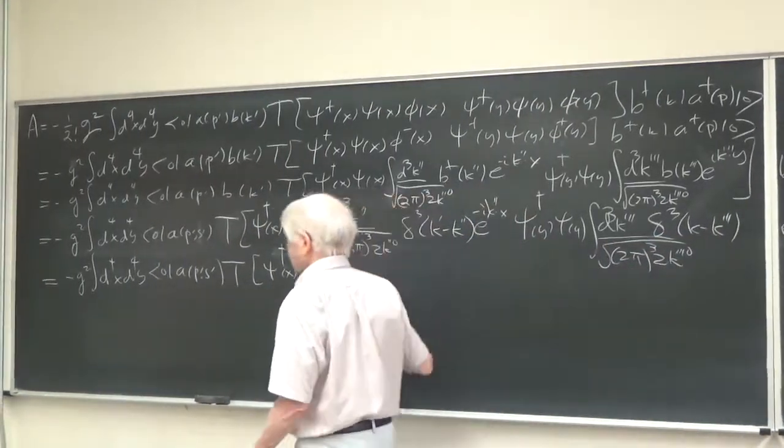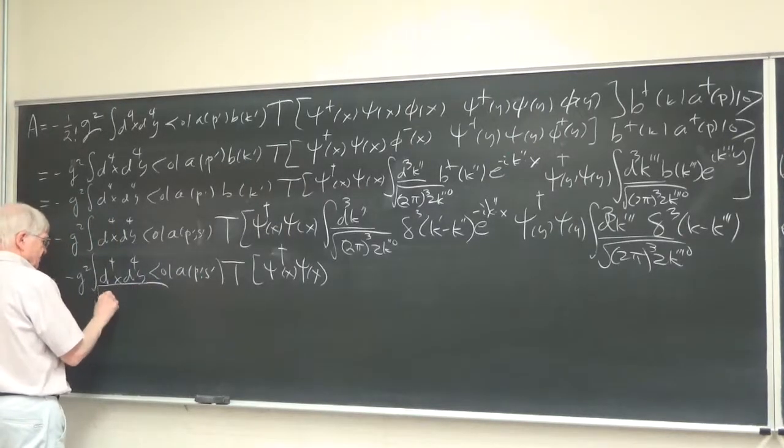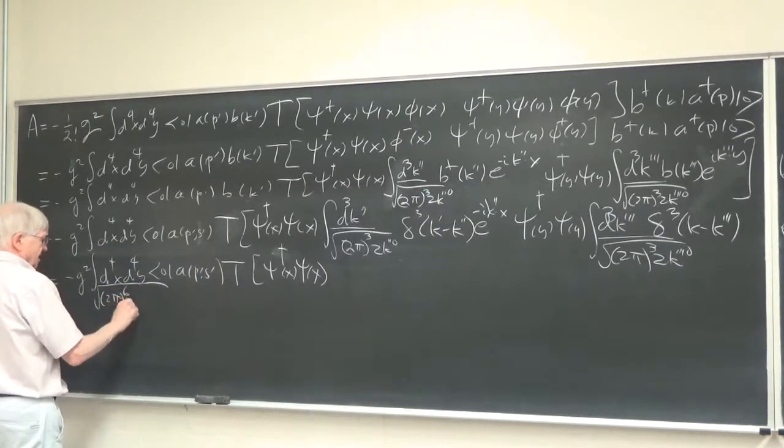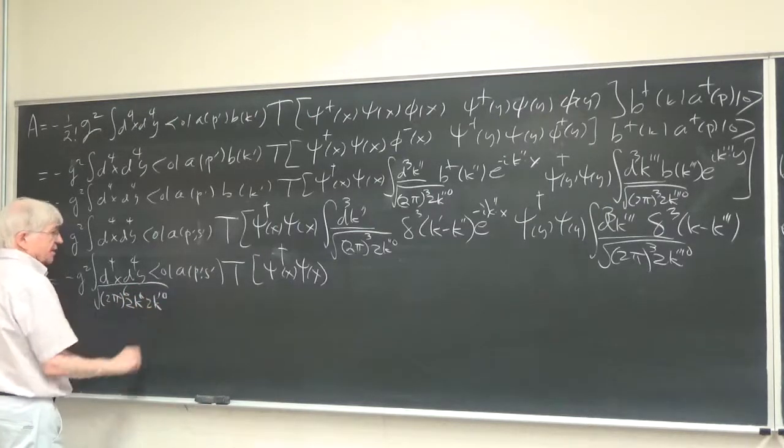I'm going to take all the denominators and put them over here, so this will be 2 pi to the 6th, 2k0, 2k prime 0.